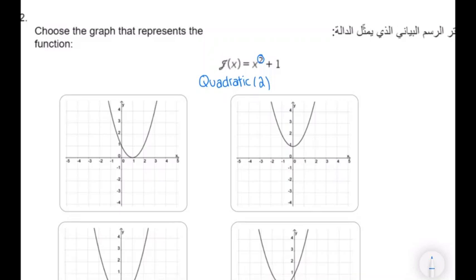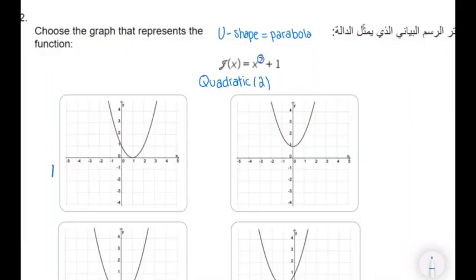If this function is quadratic, then the graph has a U-shape. This U-shape is what we call a parabola.